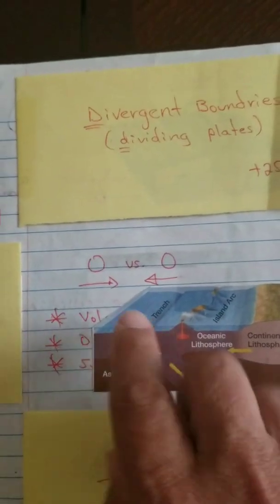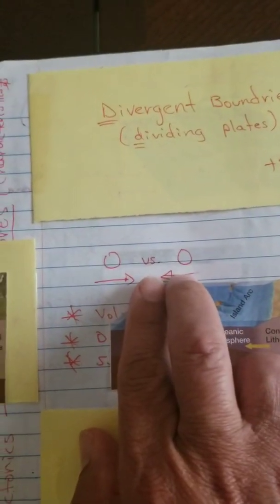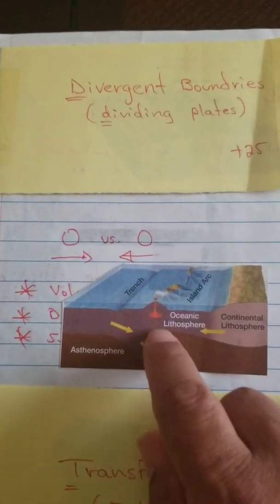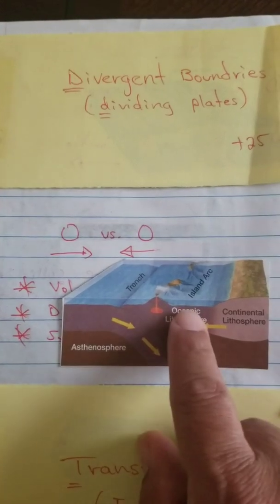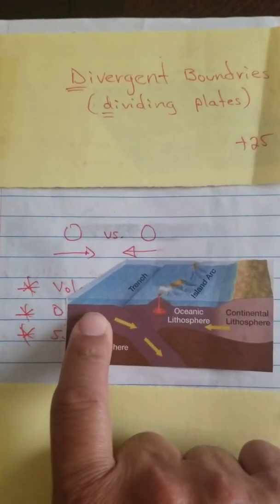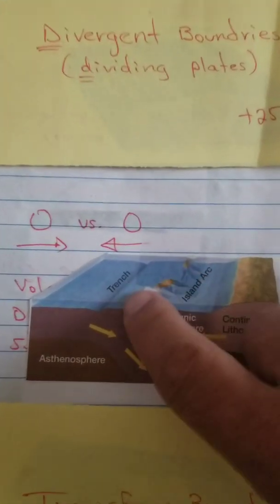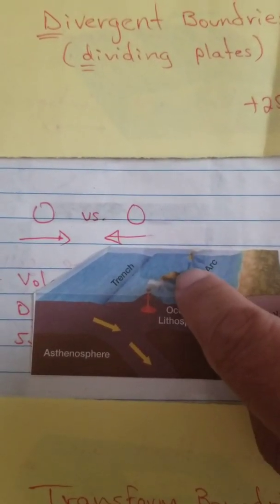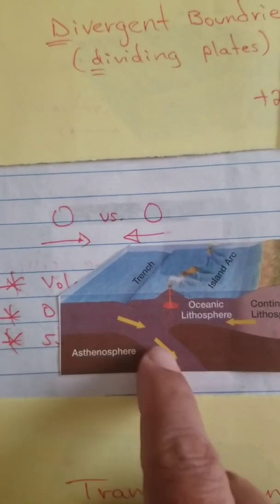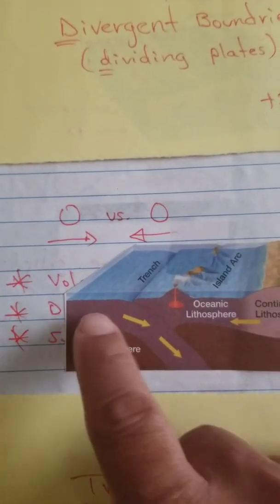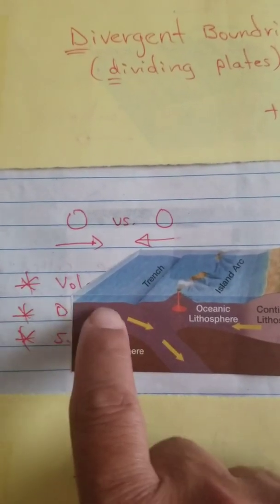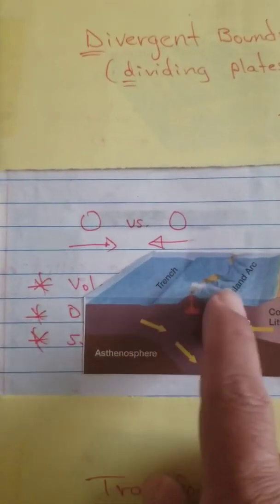And the last one is when you have two oceanic plates colliding. Whenever you have two oceanic plates colliding, what you're going to see is a deep trench, volcanic islands, and a subduction zone. This subduction zone, when this plate sinks, is probably an older plate than this one.